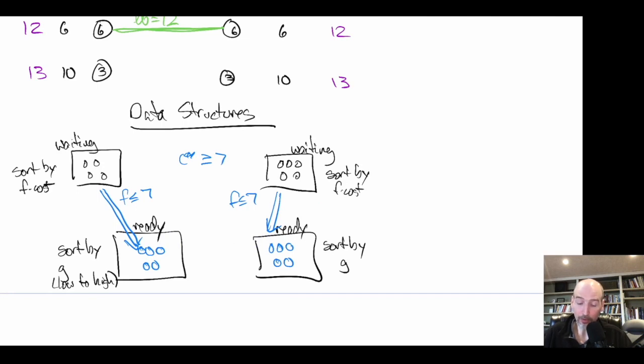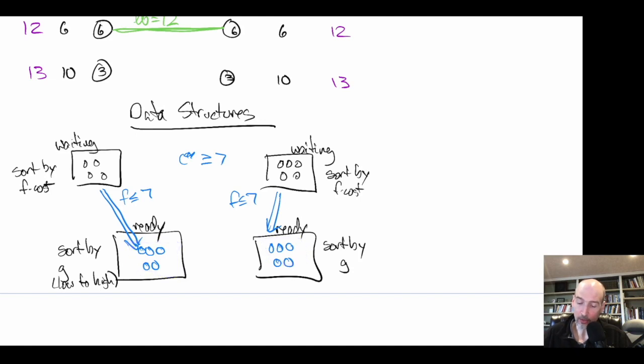And remember, we're sorting them from low to high g cost. So if I take the minimum g from here and the minimum g from here, and they add up to something less than C star, then that is a pair. In fact, because I have the lowest g cost and I have an estimate of C star, then I know that is the current state with the lowest possible lower bound. Because I know all states in here are, if C star is greater than or equal to 7, then I know that C star is 7 or less for all the states that are inside here.